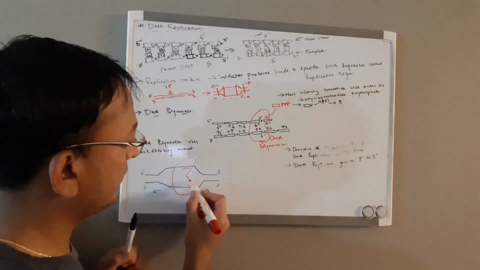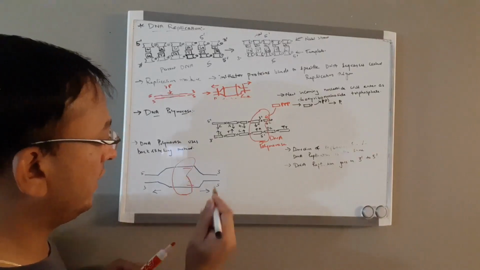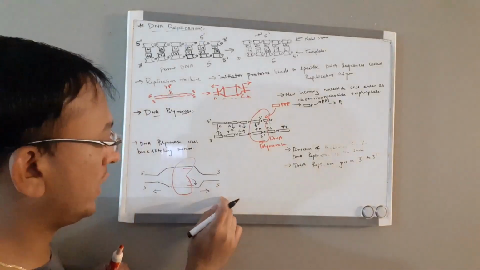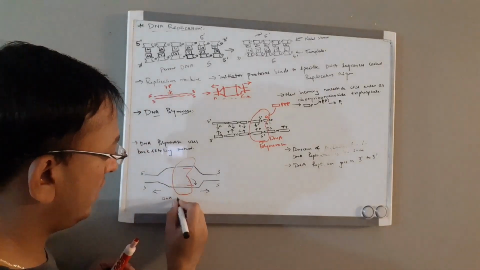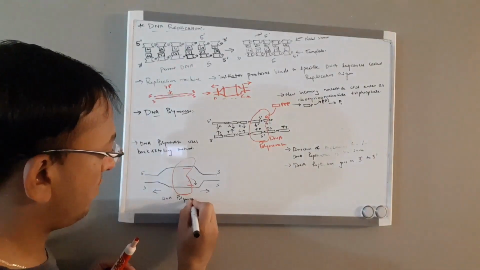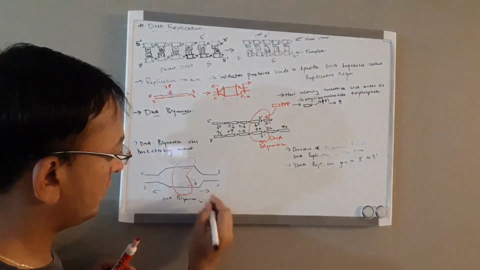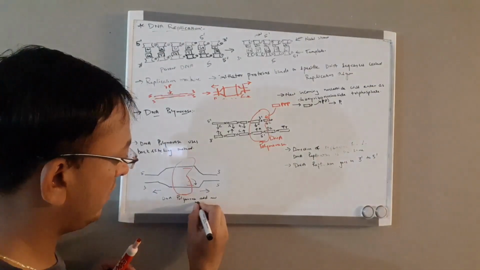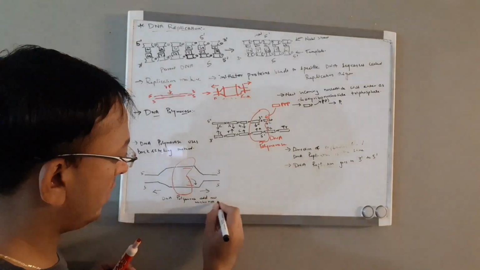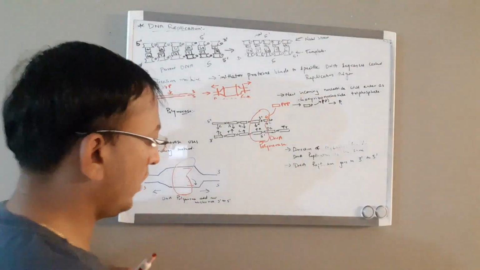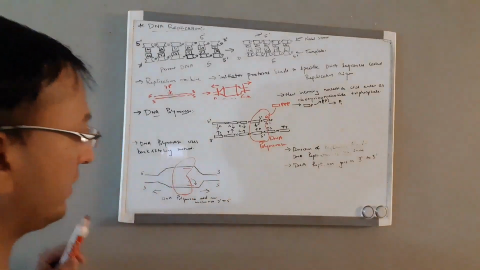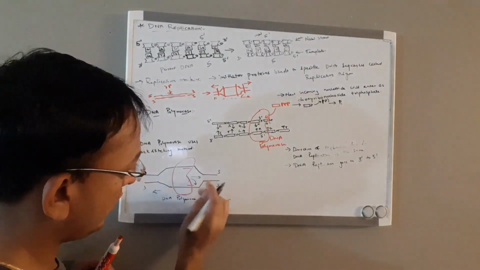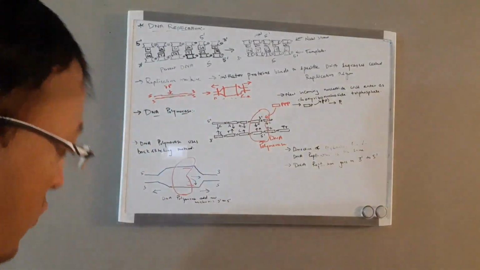The DNA polymerase is adding new nucleotides here in the 3 to 5 direction. So what happens to this 5 to 3 direction? The DNA polymerase moves in this direction, going this way.